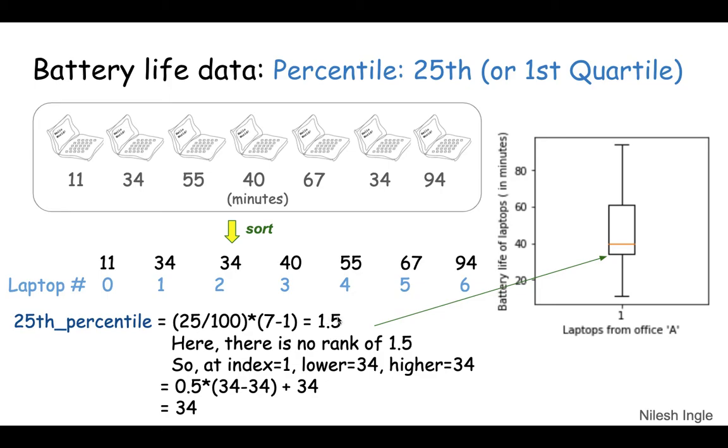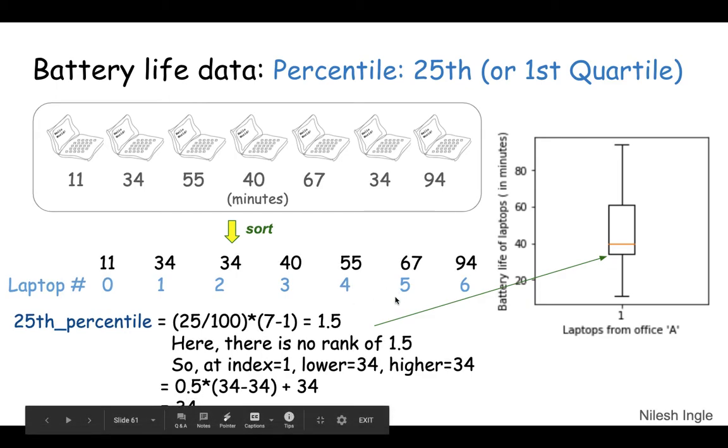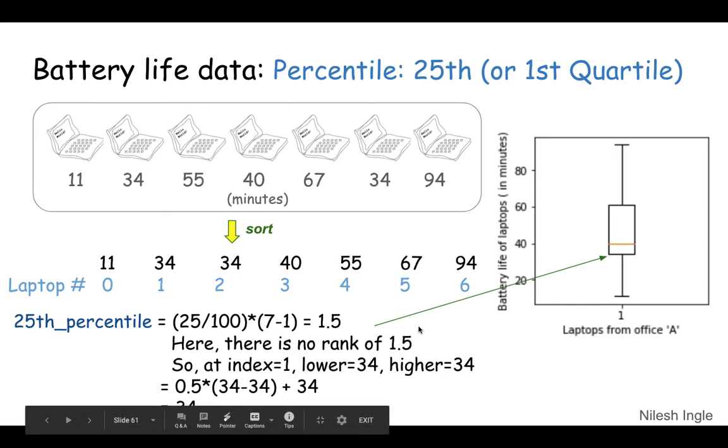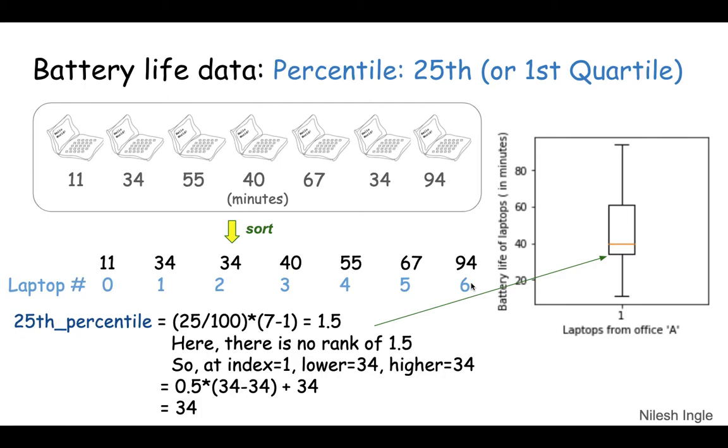So if it was 1.75, then we would put 1.75 right here. So 0.5 times higher minus lower, so 34 minus 34, plus lower, which is 34. When we solve this we get 34 as the final answer, and that's the observation at the 25th percentile, and that's what we see here.